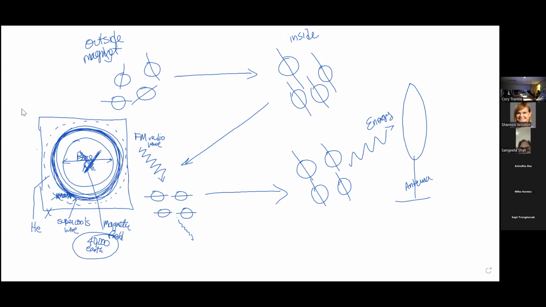Now that antenna can be located in a couple of different regions. One place that the antenna can be is actually in the wall of the scanner.